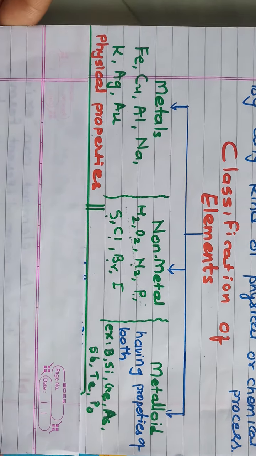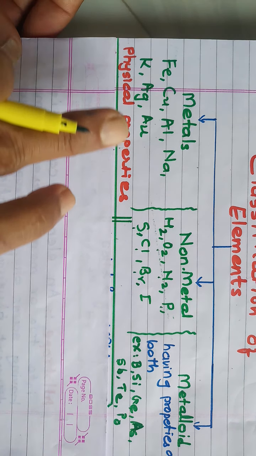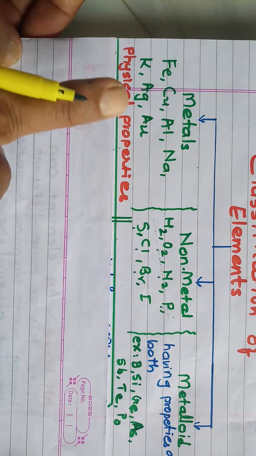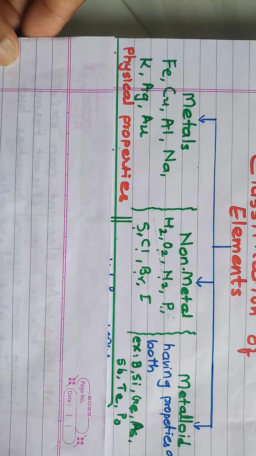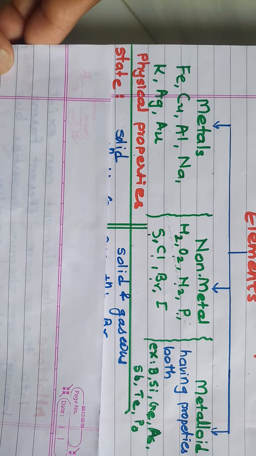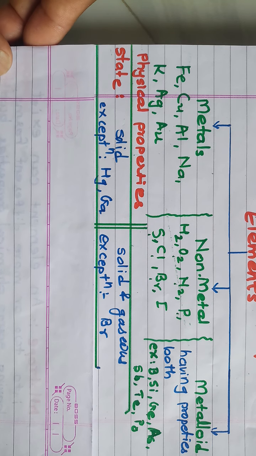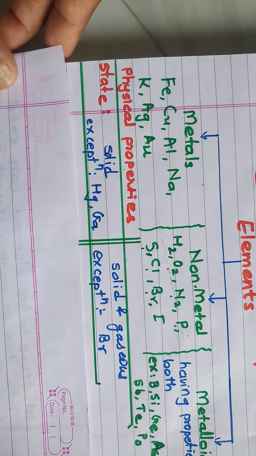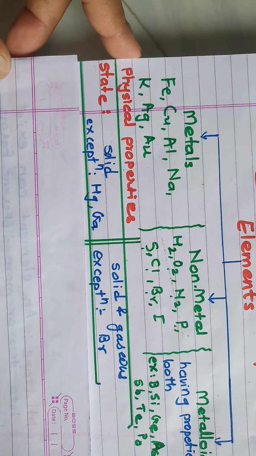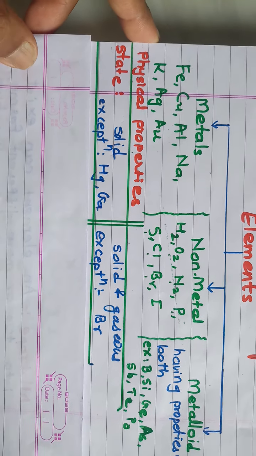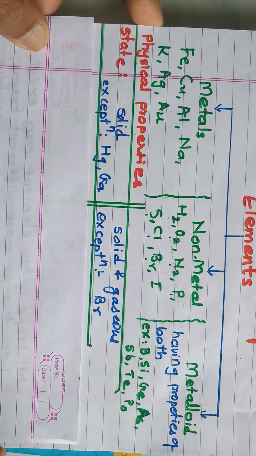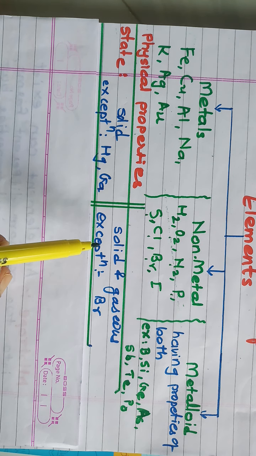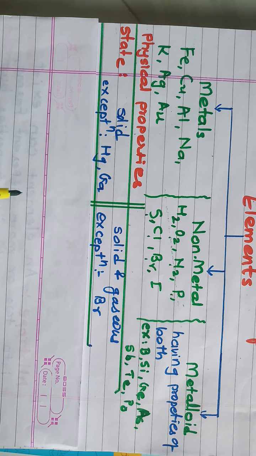Now, let's see the distinction between metals and non-metals on the basis of their physical properties. First of all, state. Generally, all metals are found in a solid state, whereas non-metals are found in solid as well as gaseous state.